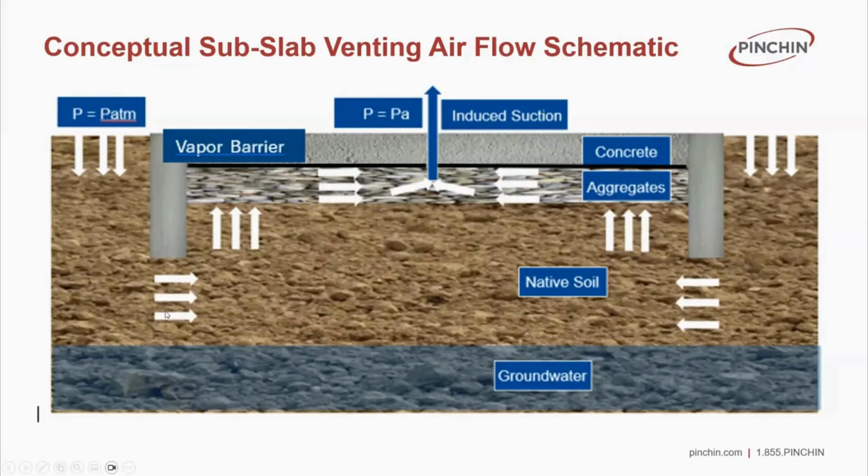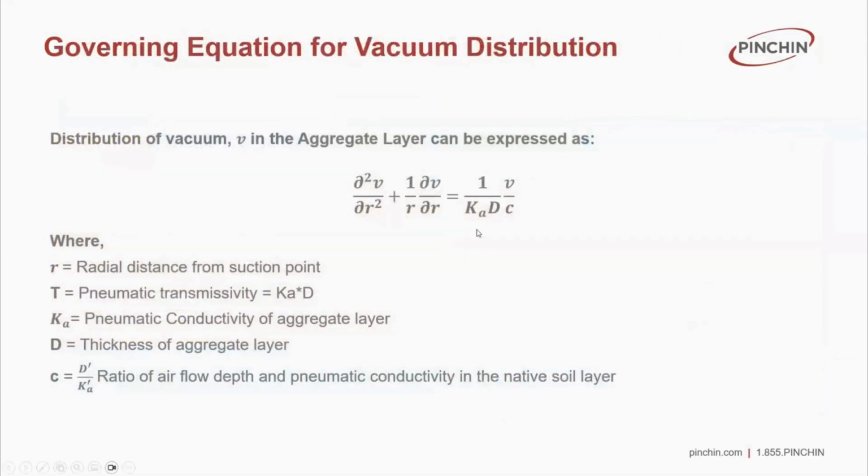So all air comes from the atmosphere and then basically goes around the foundation, ultimately enters the permeable layer and gets vented out. Most of the airflow that we are talking about in venting is really shallow airflow, not deep. We are not getting air from deep underground to be vented out. It's all coming from the atmosphere, going around the foundation, traveling through the vent laterals and entering the vent riser.